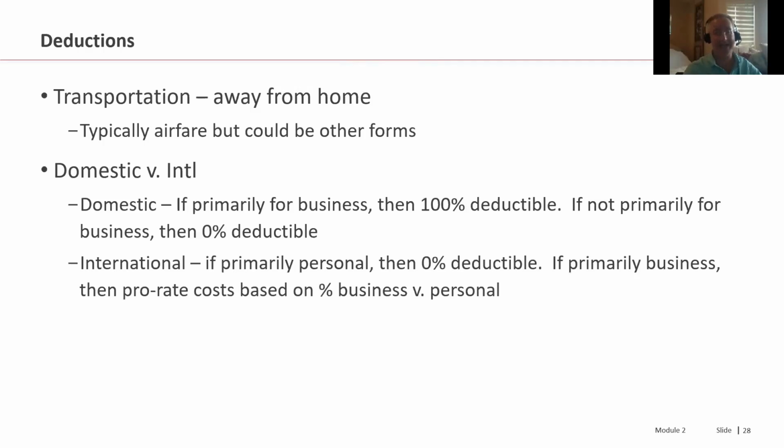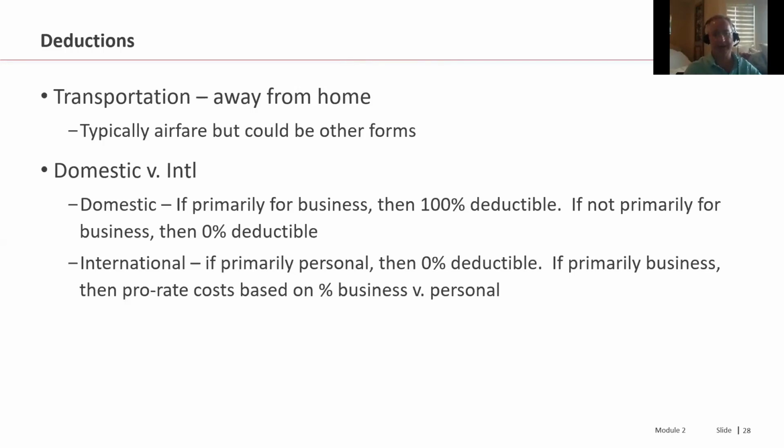If it's international transportation, the rules are different. If it's primarily personal, then none of it is deductible. So if I go on an international trip and I spend 7 days sightseeing and 3 days on business, none of that airfare is deductible, because remember, we're only talking about transportation.